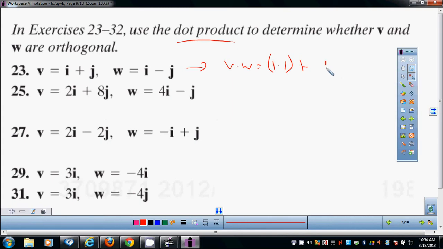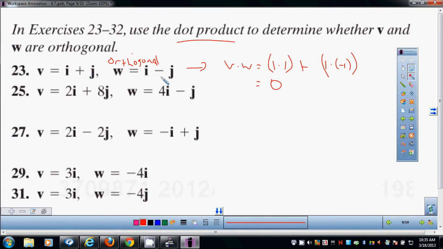Are they orthogonal? Yes, they are. I guess technically you would answer this question with orthogonal, because it says, are they orthogonal? So you write orthogonal or not orthogonal. Man, that's a big word. Determine whether you can just put yes or no. That'll work too.